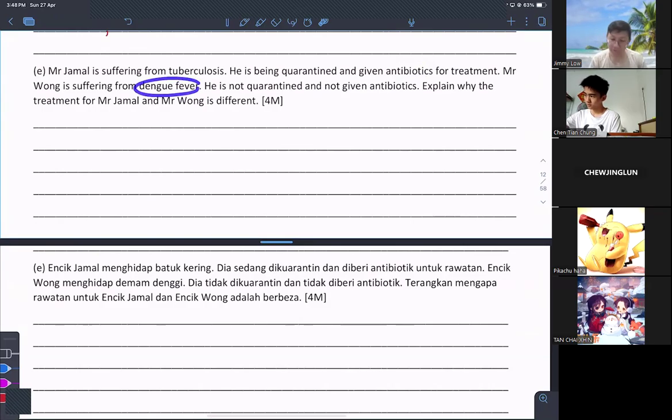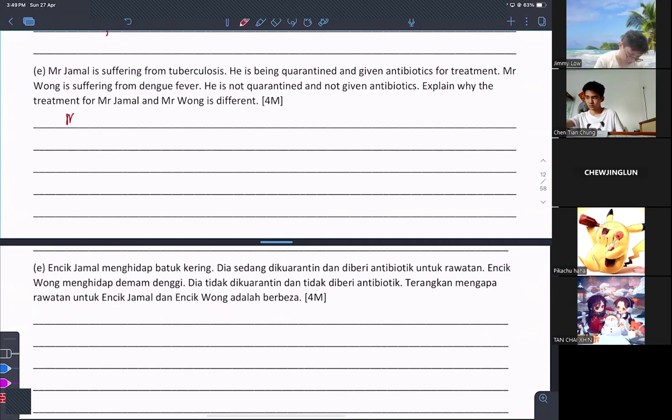Meanwhile, dengue fever is caused by virus, which has no antiviral because antiviral is specifically used to cure specific viral diseases. Meanwhile, antibiotic can kill all bacteria. So whenever it comes to explanation, you can explain this way.